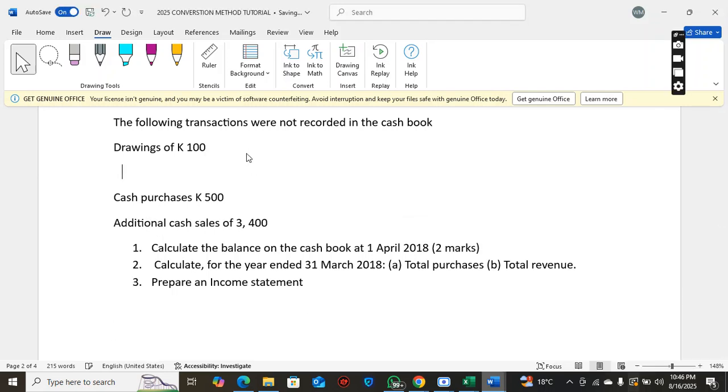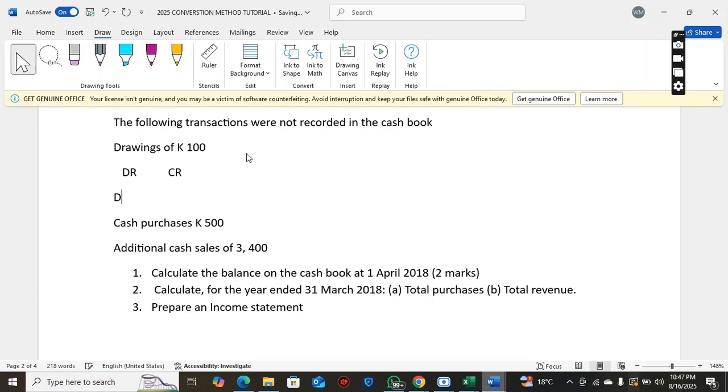Yes, so you debit drawings and you credit the cash book.